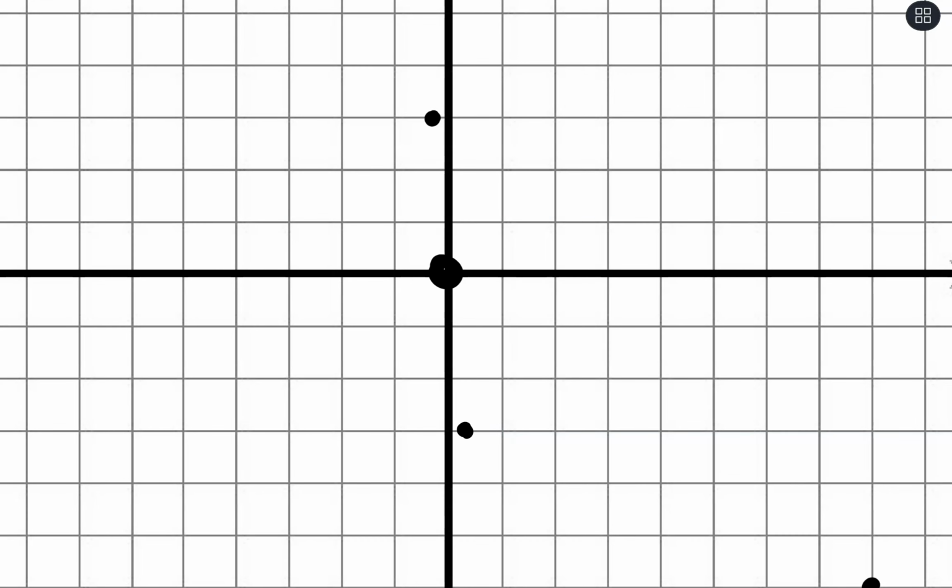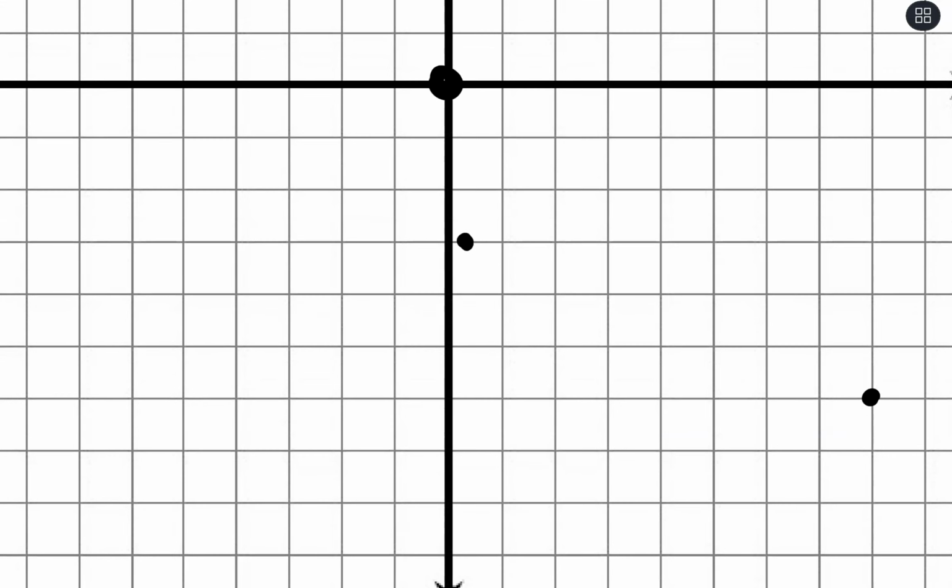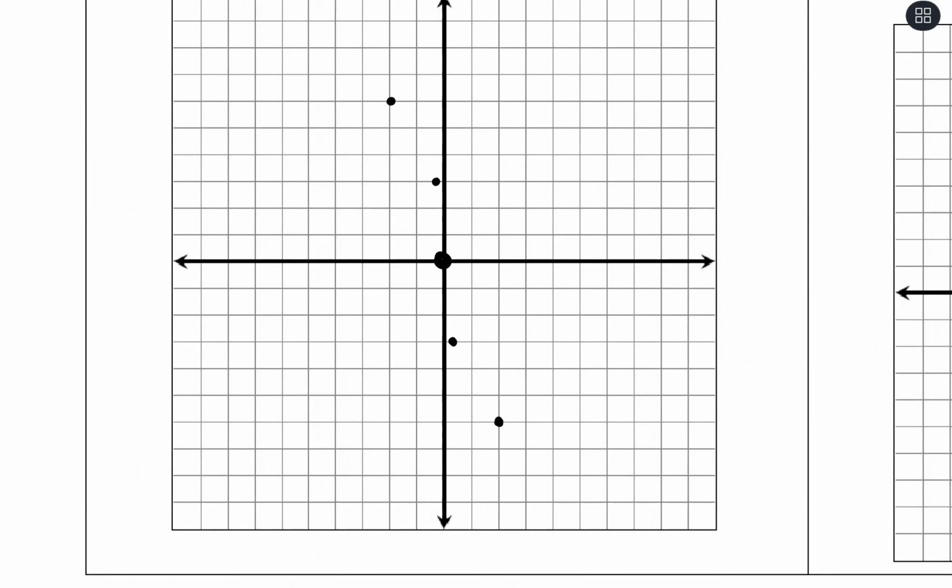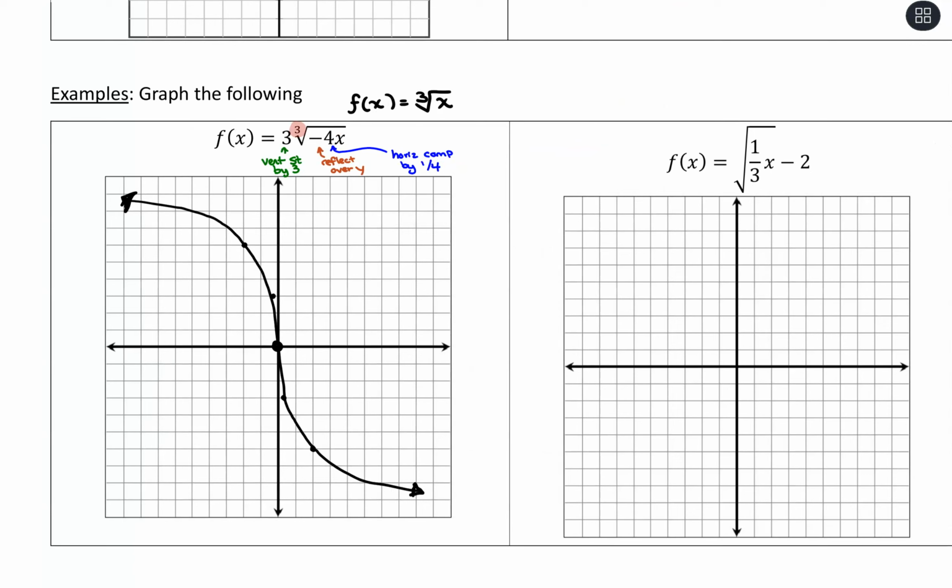This is going to be squished, but we can grab it. Okay, so our function is going to do something like this. All right, so that's following our cube root function along with those transformations.